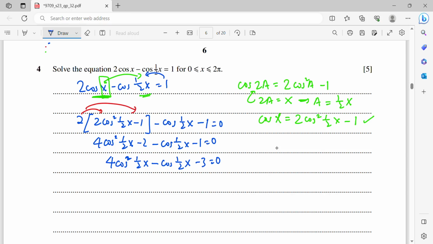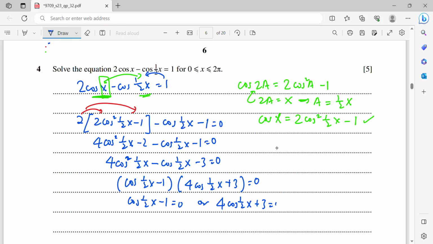So when I factorize this, it will be cos half x minus 1 times 4 cos half x plus 3 equals 0. So now cos half x minus 1 equals 0, or 4 cos half x plus 3 equals 0. Means that now I will be getting either cos half x equals 1 or cos half x equals negative 3 over 4.